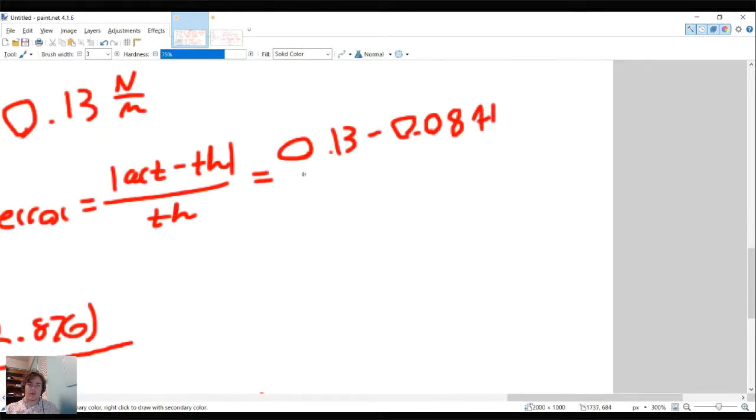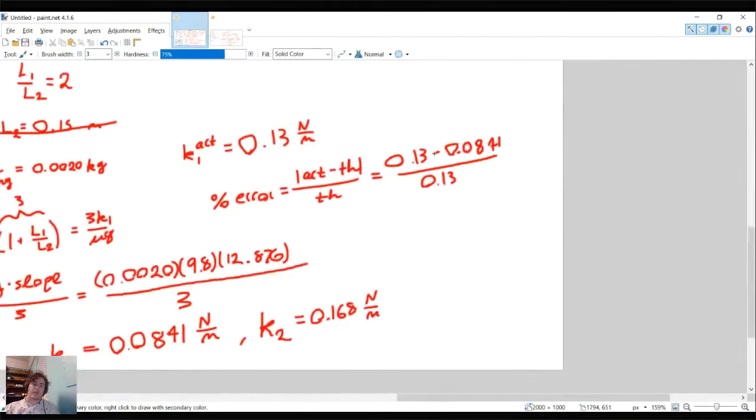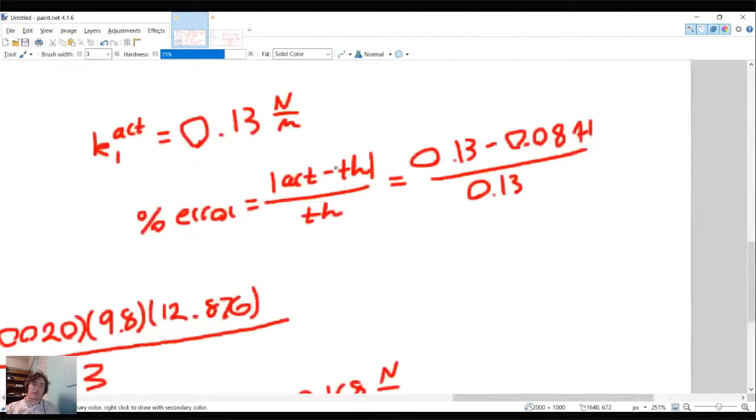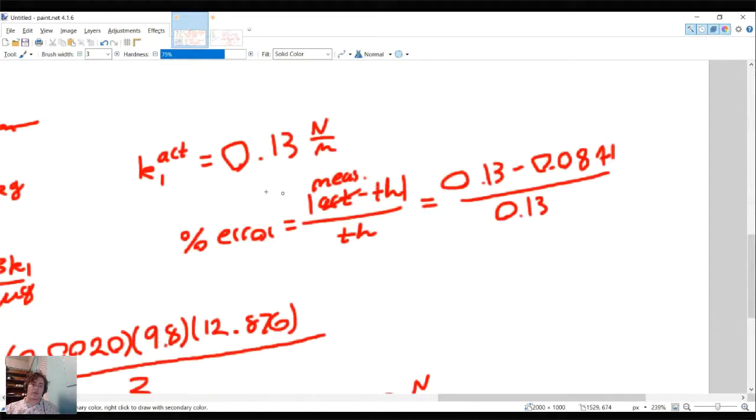The theoretical here is 0.13, so it's more like measured minus theoretical over theoretical, because this actual is not that actual.